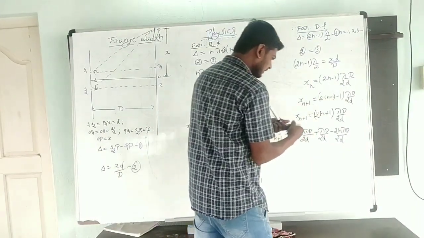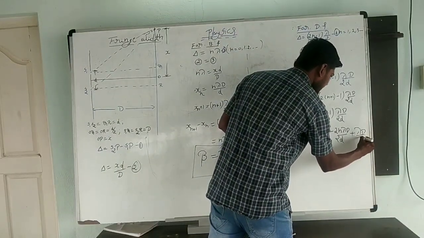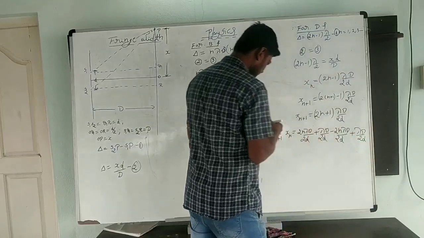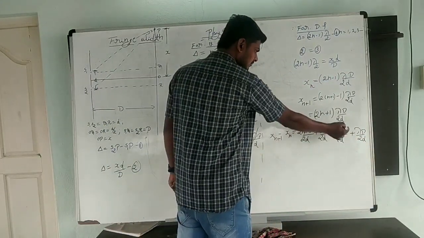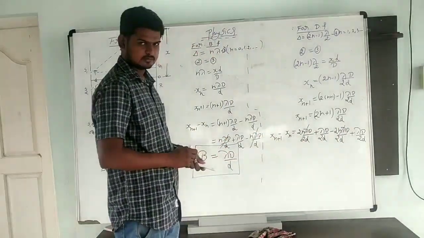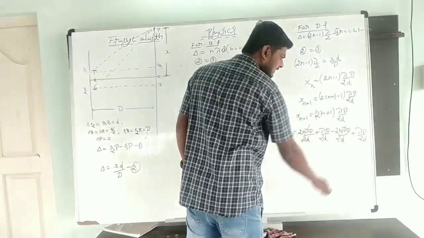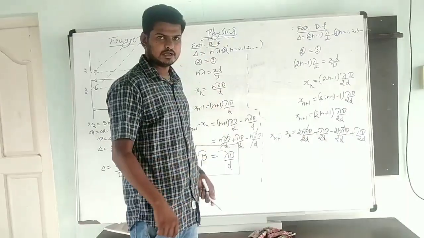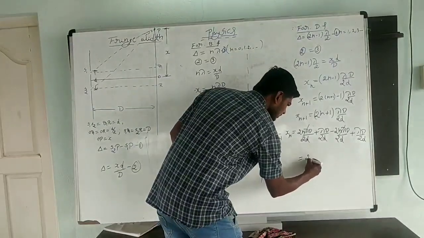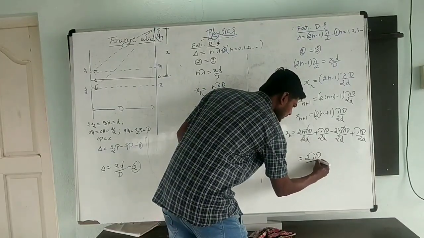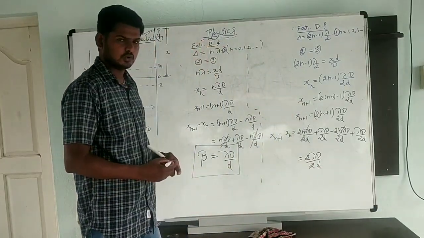Minus means we will get plus lambda D divided by 2d. Now 2n minus 2n will be cancelled. Now plus lambda D divided by 2d plus lambda D divided by 2d is 2 lambda D divided by 2d. Now the 2 will cancel.